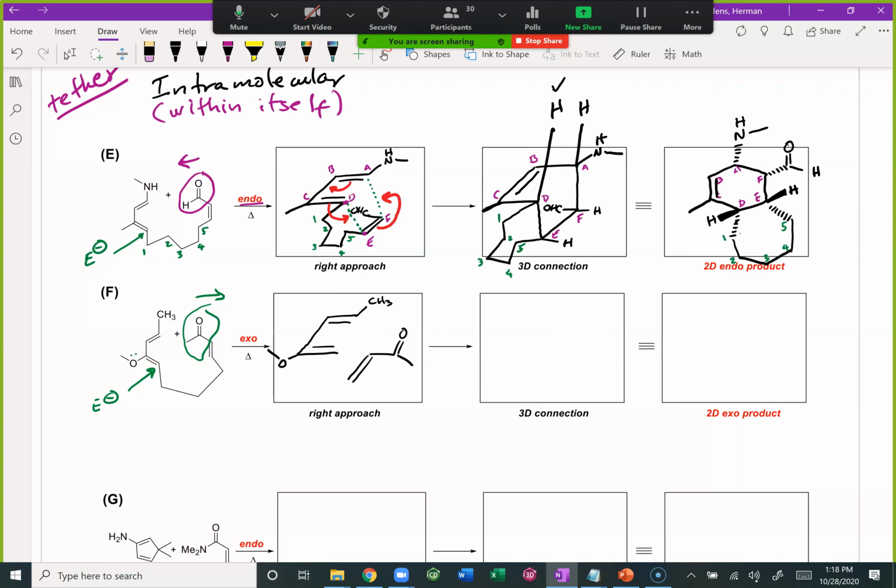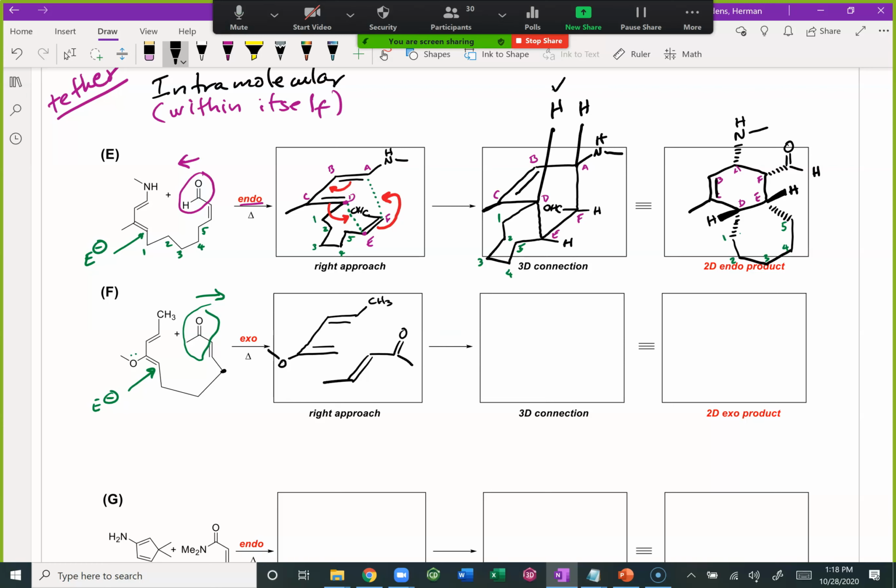And what's going to happen to this carbon? Is it going to be on the right or on the left on the dienophile when I flip it? So it looks trans, right? Yeah, so it's going to be inside. It had to be inside. It has to go to the left.